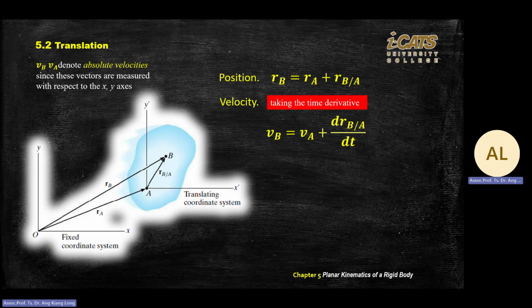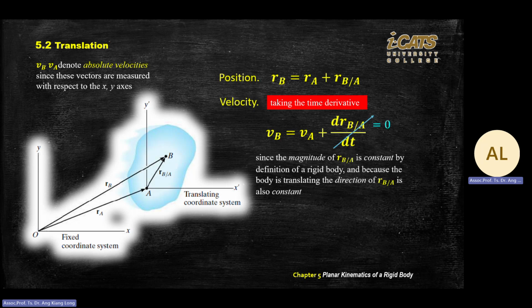It's a differentiation. Okay, so vA and vB are absolute velocities. They are absolute velocities measured from the fixed coordinate system. And we know that the velocity term drB/A dt, because it's on the body, these two points do not change all the time, like your head and your feet are always the same length.